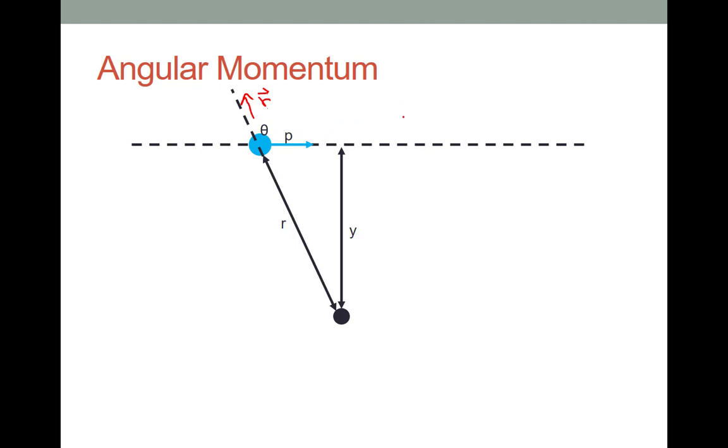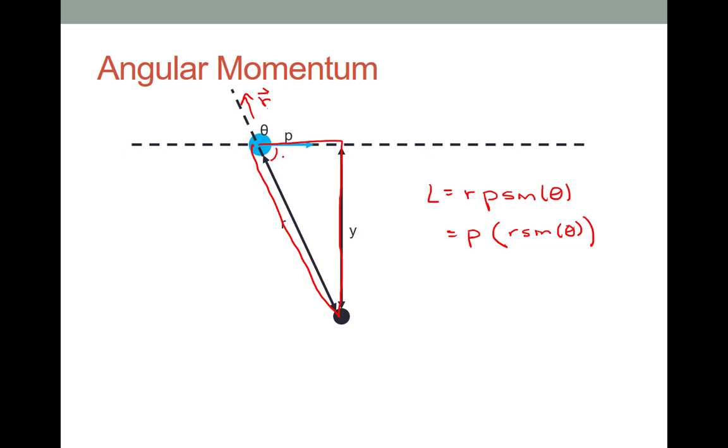If we think about angular momentum being in magnitude r p sine theta, I'm going to rearrange this a little bit. p is r times sine theta. I have a beautiful triangle right here. Regrettably, my angle theta is defined outside of my triangle.